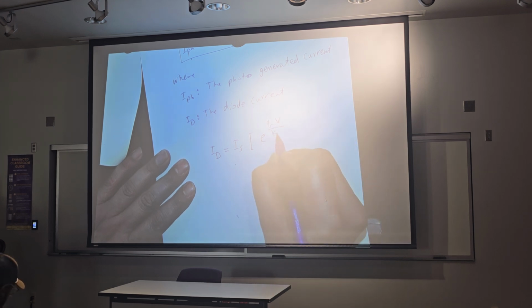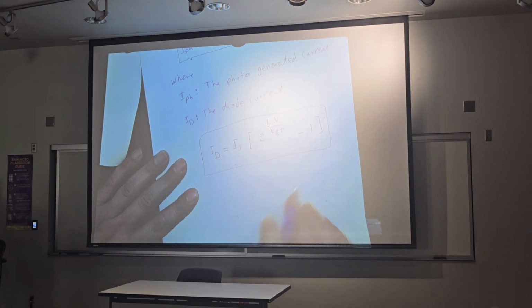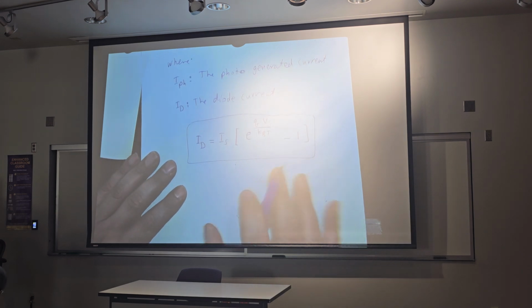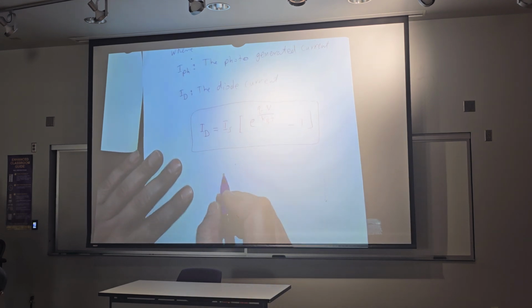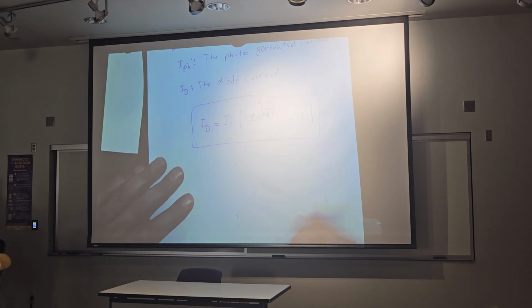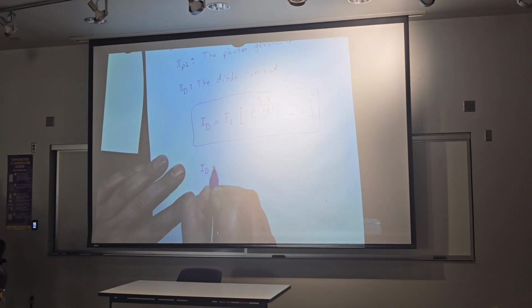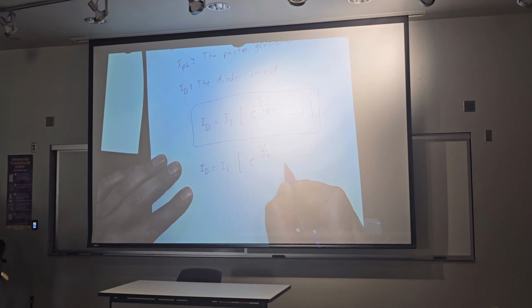By KBT minus 1. It's I diode, or I diode equal IS exponential V over VT minus 1, and here delta.